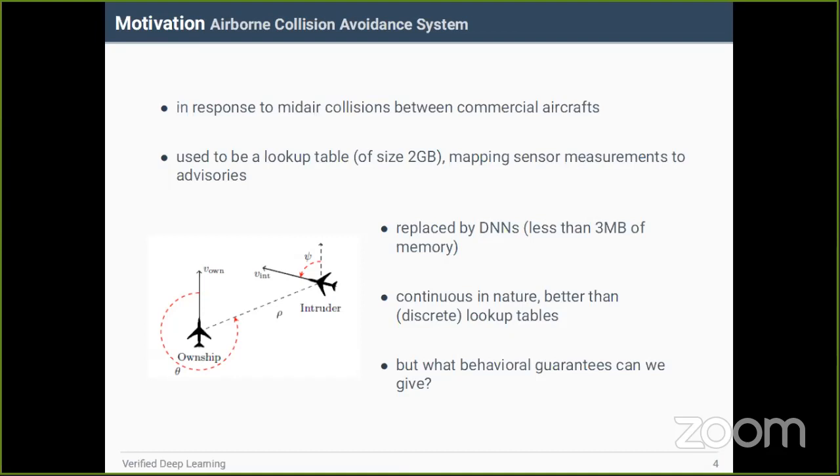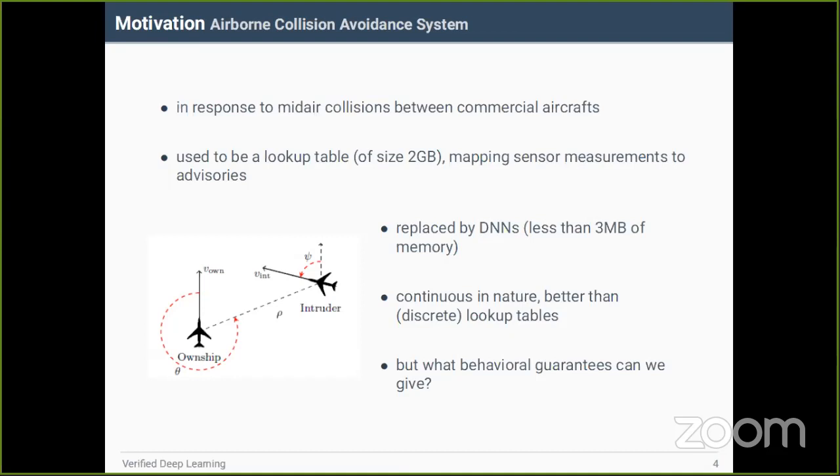Given a bunch of inputs, it will have some output, and that output is what you want to do. Or if you have a bunch of outputs with some probabilities, you want to do the one which has the maximum probability or the maximum weight. So this seems nice. In fact, it's also better than the earlier one, because now you have a DNN, so there is some continuity in place.